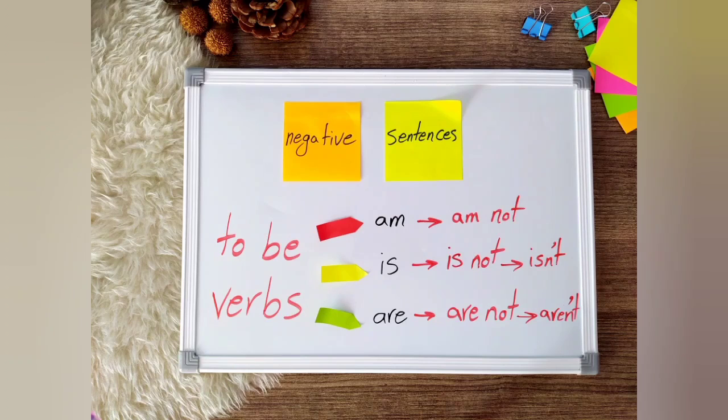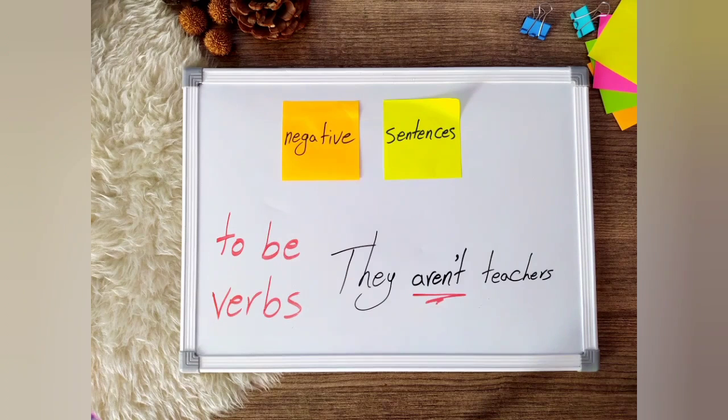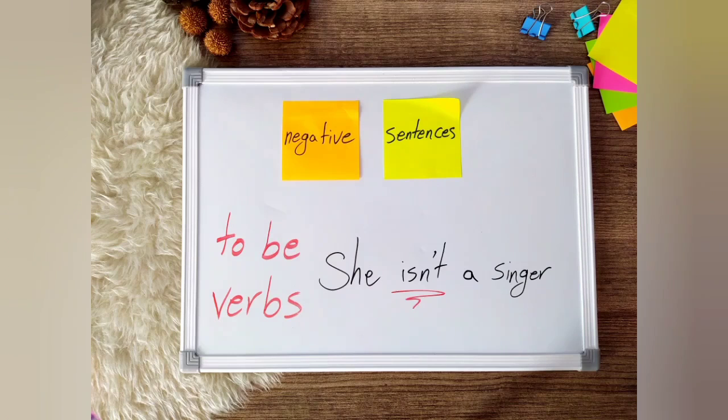You can see the examples. I'm not a doctor. I am not a doctor. They aren't teachers. They aren't, or they are not teachers. She isn't a singer, or she is not a singer. She's not a singer.